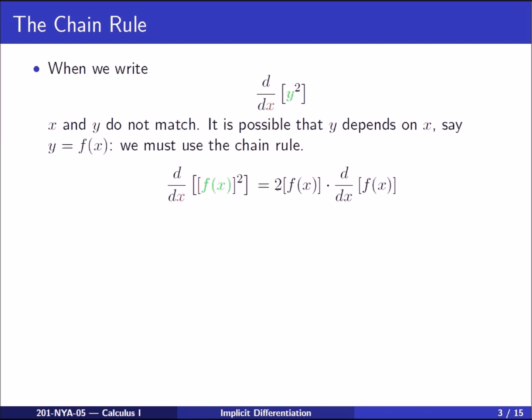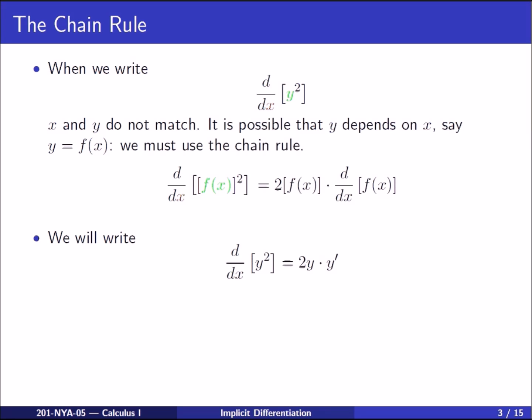The chain rule would say that it's going to be 2 times f of x times the derivative of f of x. We will, for convenience, write the derivative of y squared. So instead of replacing y by f of x, we will just know that y may represent a function of x. So the derivative of y squared is going to be 2y times y prime.